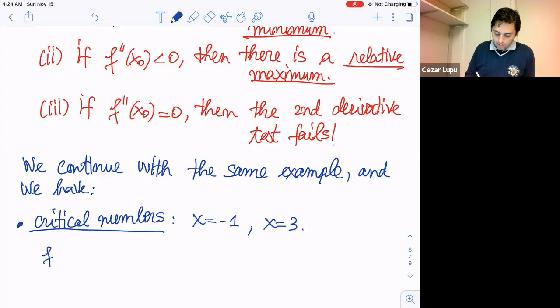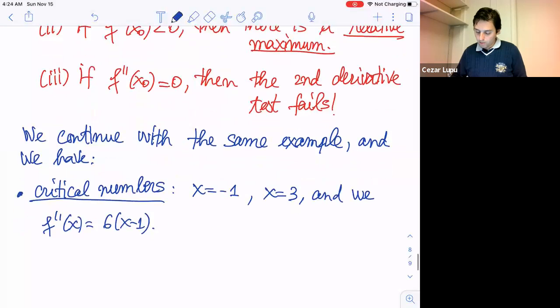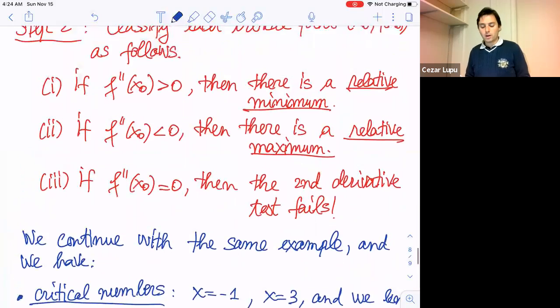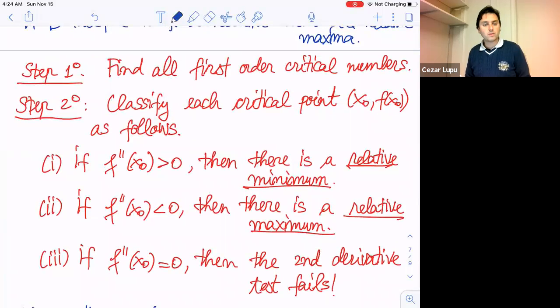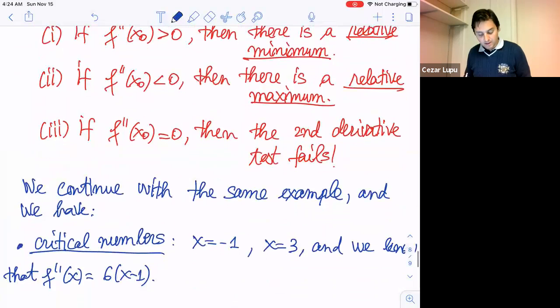Remember that? And the second derivative was 6 times x minus 1. Now, if we look at the second derivative test, what we need to do is just evaluate the second derivative at those critical numbers. Then, based on the second derivative test, we classify which one is a relative min, which one is a relative max, or which one is neither of these. Let's do that.